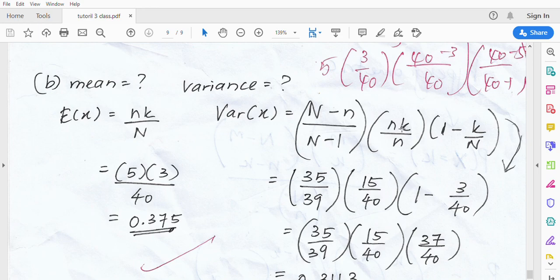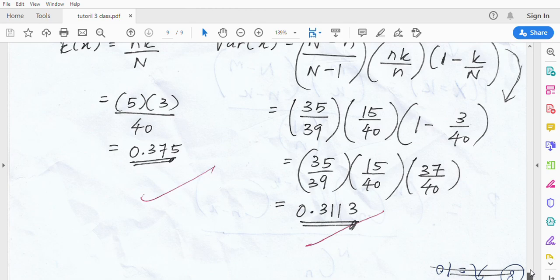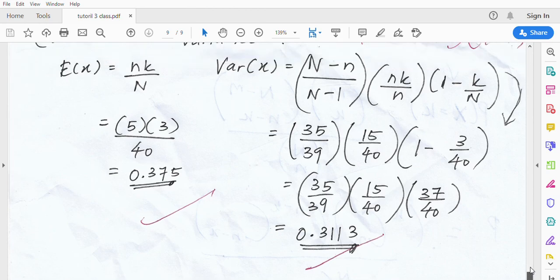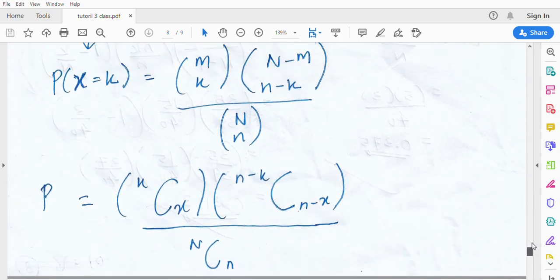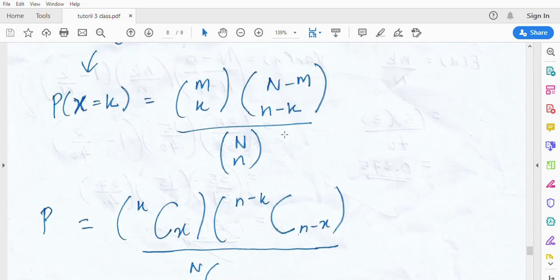We put the values into the formula and we will get 0.3113. You must know how to use the hypergeometric formula.